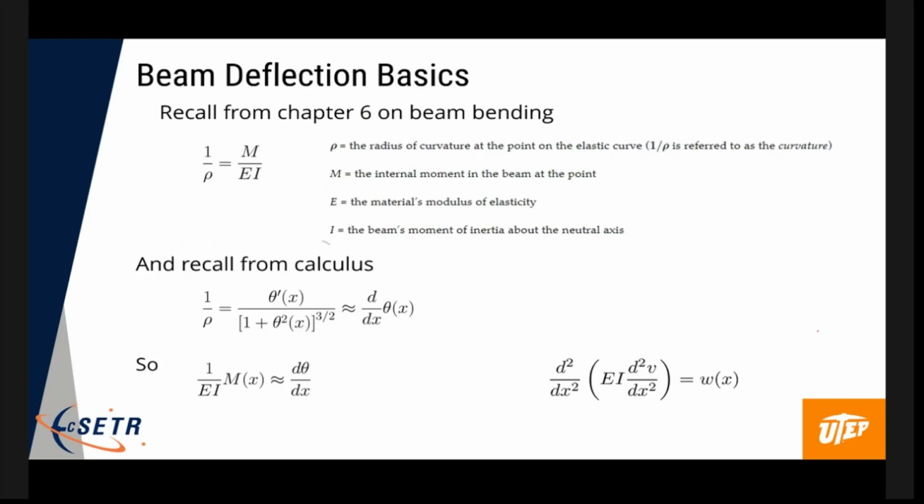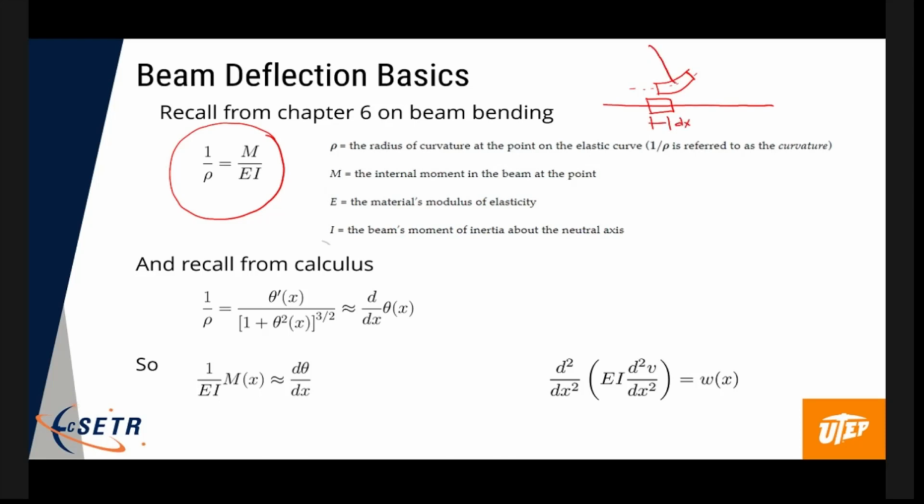If you look back at your notes from chapter 6 on beam bending, when we derived the flexure equation that the stress is MC over I, we looked at the undeflected curve, and then a little chunk of material dx deflecting up, exaggerated here.